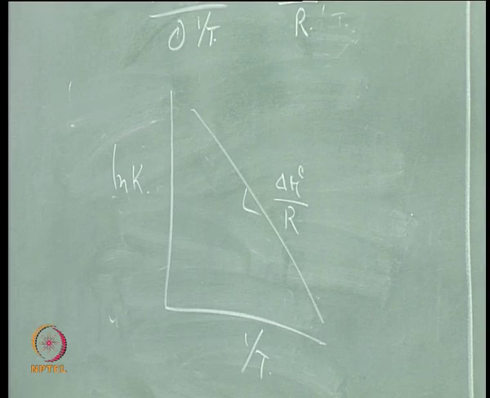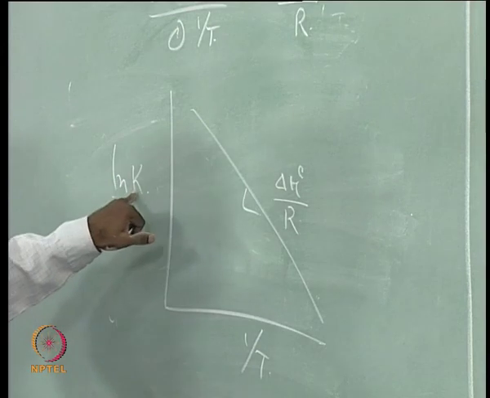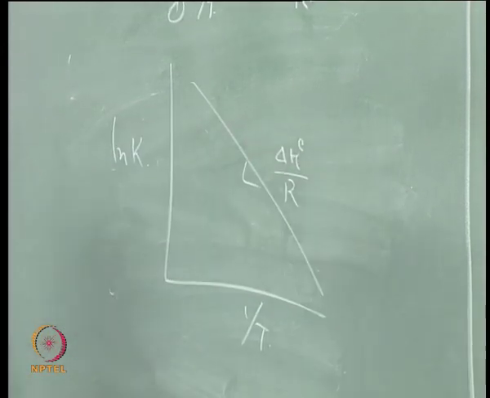So one can find out the heat of the reaction, and the K and 1 by T are related by the heat of the reaction.